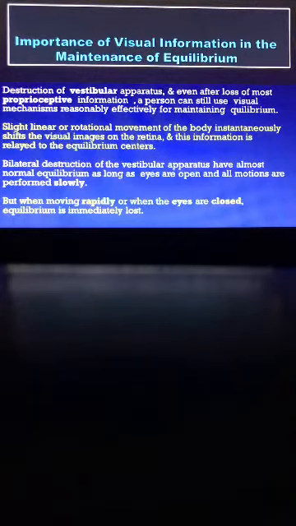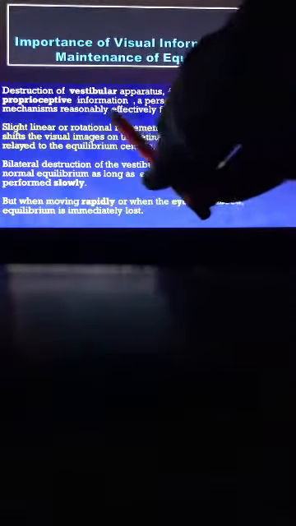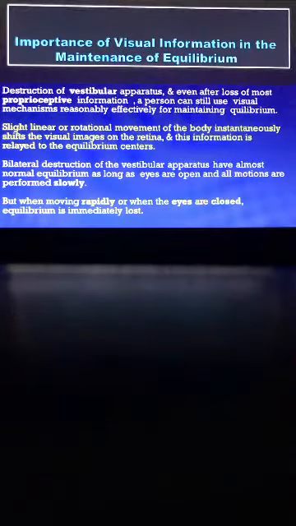Importance of visual information in the maintenance of equilibrium، يعني إذا عندنا destruction of the vestibular system even after loss of the proprioception and information, a person can still use visual mechanisms reasonably effectively for maintaining equilibrium.